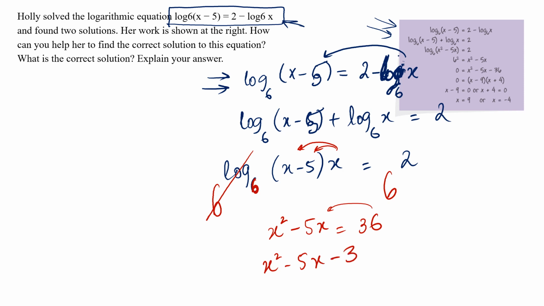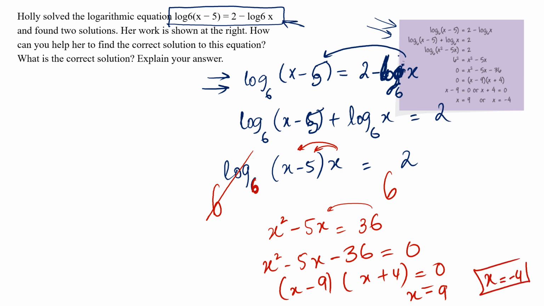Bring the 36 to the other side. I will get negative 36 and equals 0. If I write this in the calculator, x minus 9 and x plus 4 will be my factors. So x equals 9 and x equals negative 4 are the solutions of the quadratic, but log cannot be negative.